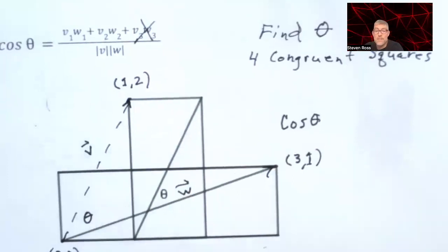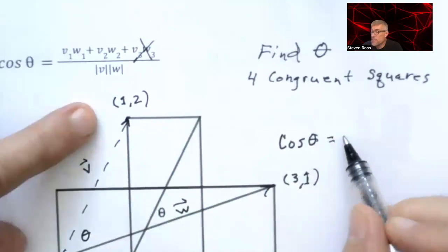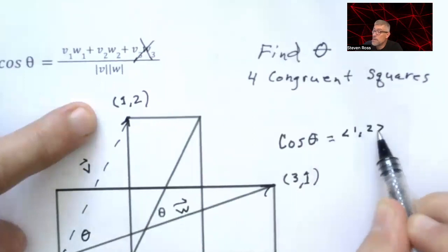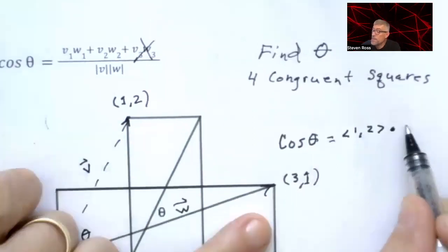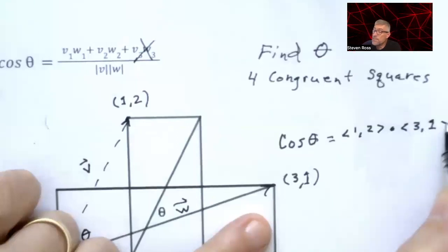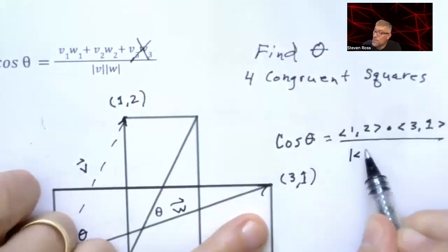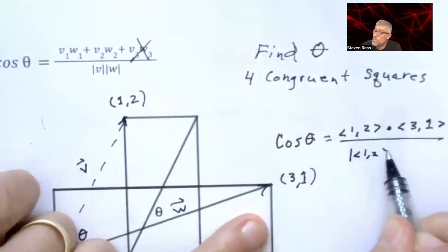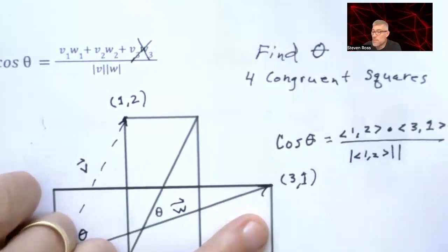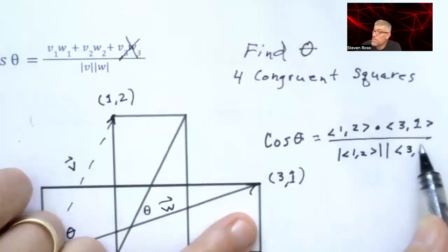And now I think we can do the deed of solving this for the angle in between using the formula. So first off, let me write out my vectors. I'll write them out like this: (1, 2) dot with (3, 1). There are so many different ways of notating vectors, and then I'll do it like this: the magnitude of (1, 2), basically the Pythagorean formula, and the magnitude of (3, 1).